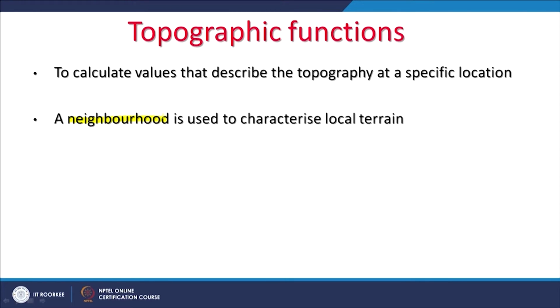Suppose in a 3 by 3 matrix of cells, all cells are having the same value, that means the area is flat. But say in the southeast direction, in the corner, one cell is having a lower value compared to the center cell, then we can say the slope is towards the southeast direction. So, with reference to north, that becomes our aspect.